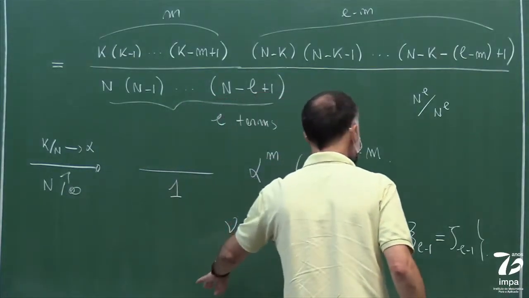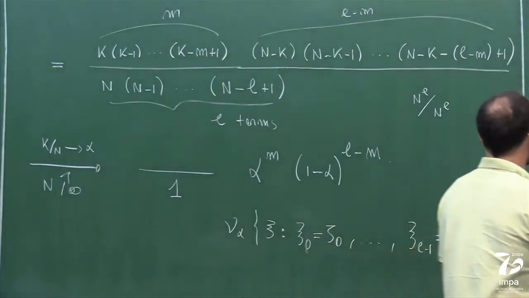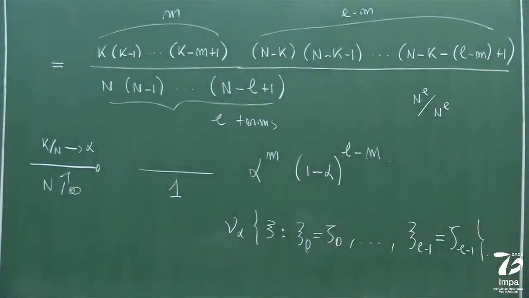So what is this measure? This measure is what's called the Bernoulli product measure of density alpha.